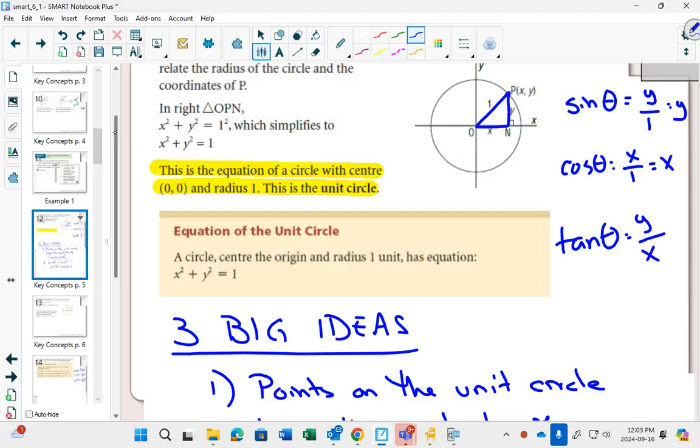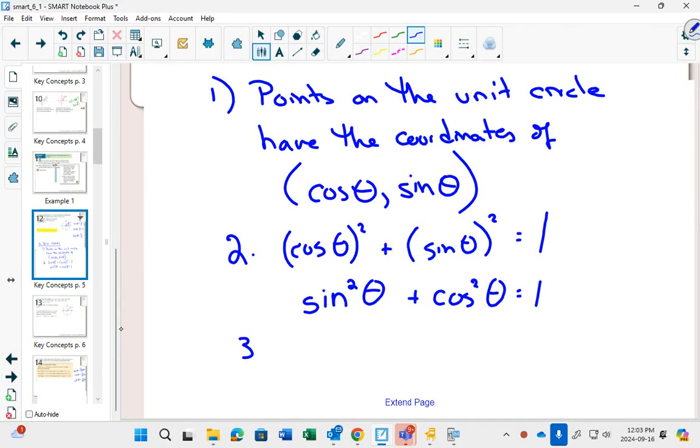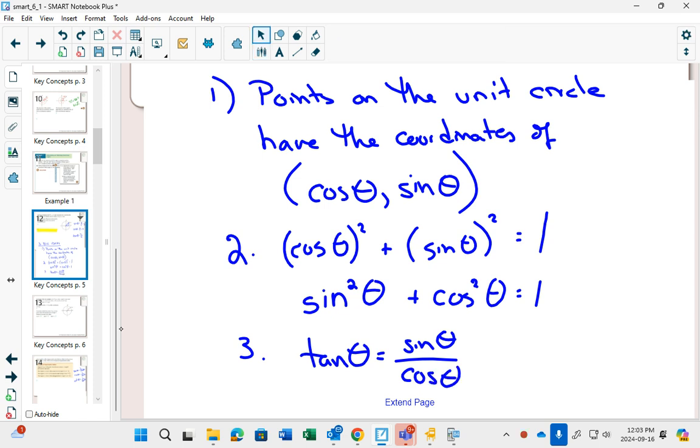But if your y is really sine of theta, and your x is really cos of theta, we get to big idea number 3. That tan of theta is sine of theta divided by cos of theta.